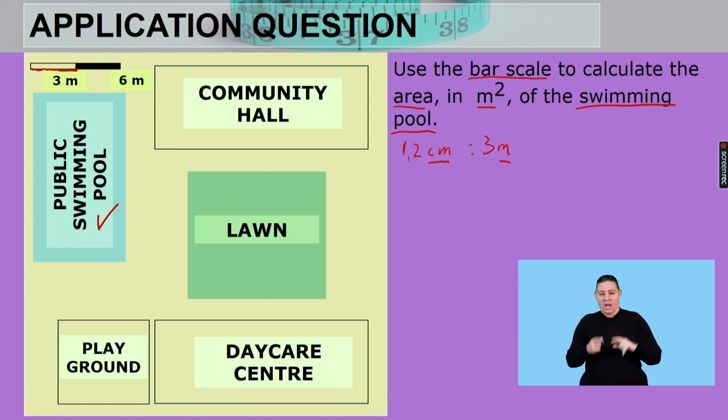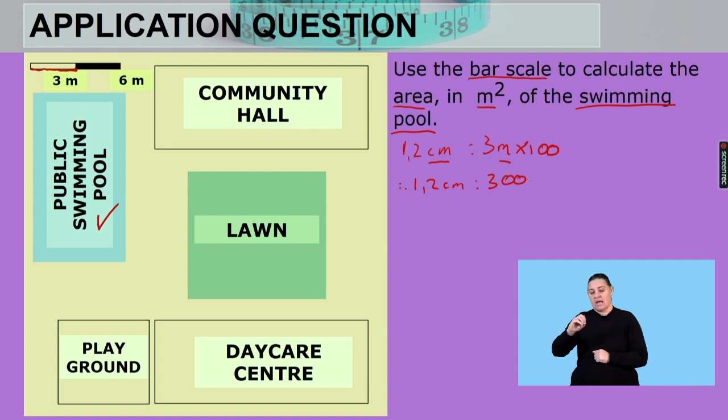So we've got to get them both to the same unit of measurement. I would convert the meters, times that by 100, and get that to centimeters. Therefore, 1,2 centimeters is 300 centimeters. We're right on track.